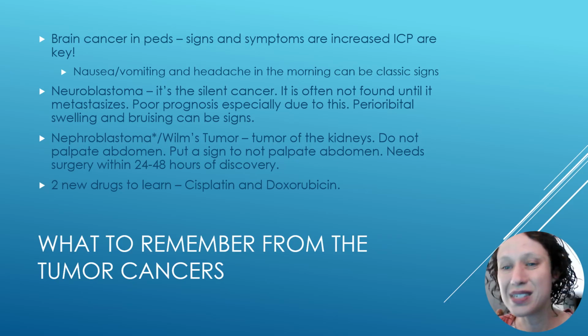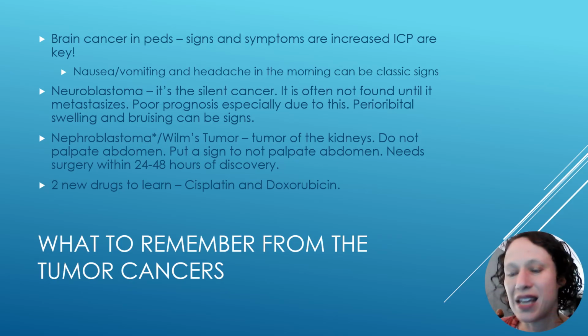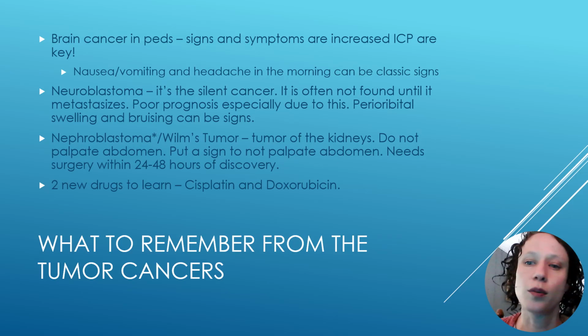Weird signs that you can see from neuroblastoma are periorbital swelling and bruising. I'm not telling you about this one because I think it's going to help you make an early diagnosis for a patient. I'm not. I'm telling you about this one because if you were to go in to take care of a kiddo with those signs and symptoms, that could be kind of shocking if you didn't know that existed with neuroblastoma. That's why I want to tell you about it. Okay?